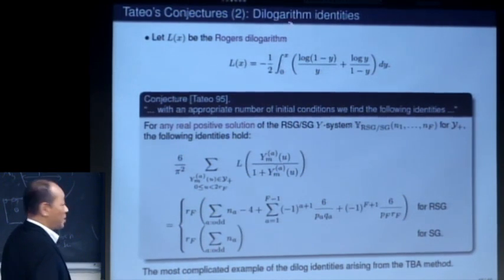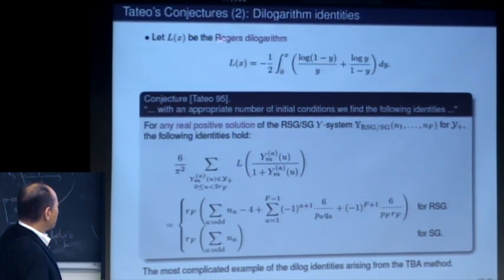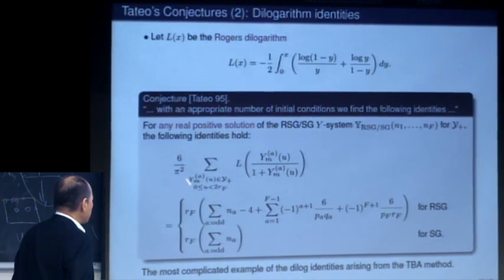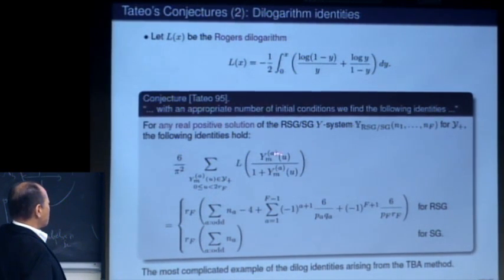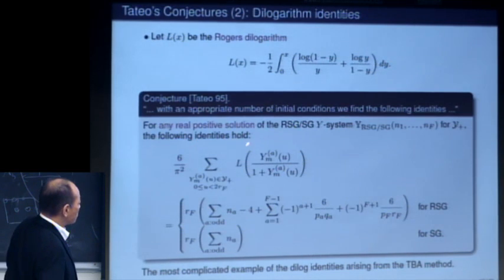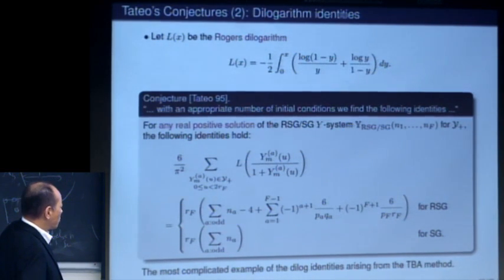Next conjecture is a dilogarithm identity. So let L(x) be the Rogers dilogarithm defined by this integral. So his conjecture is as follows. For any real positive solution of Y system, that complicated system, and assume this is already periodic. Then Y plus is a Y variable of even parity, and we concentrate on this fundamental region of the period.